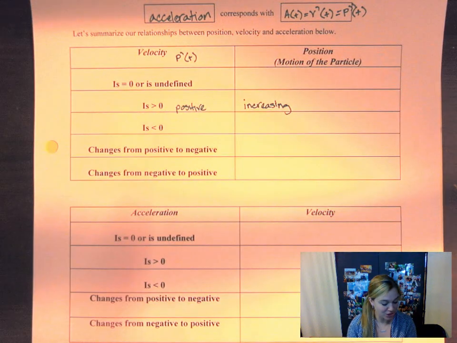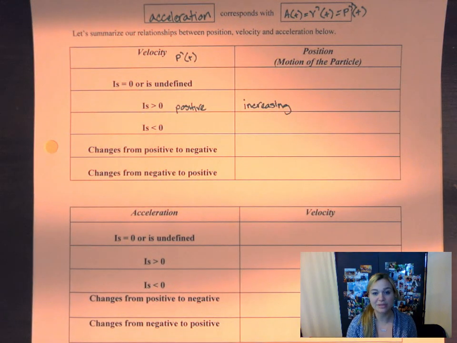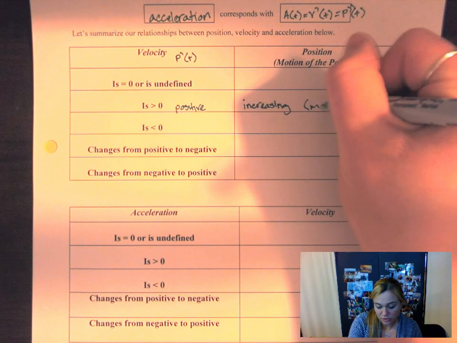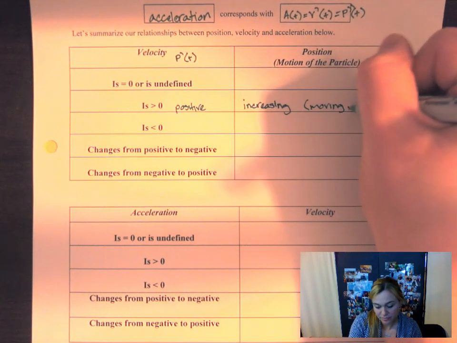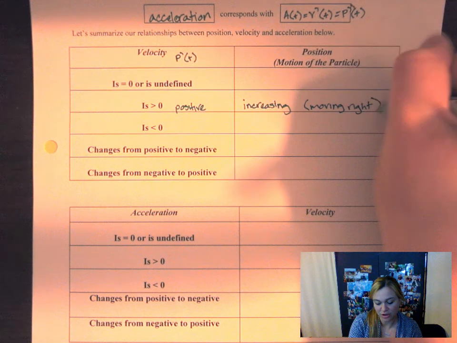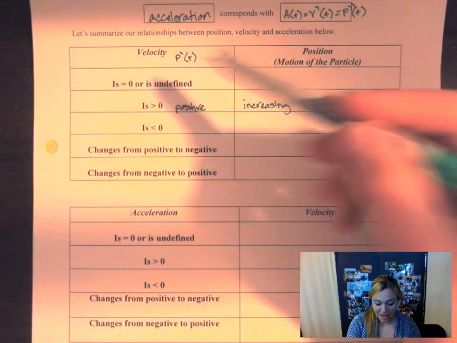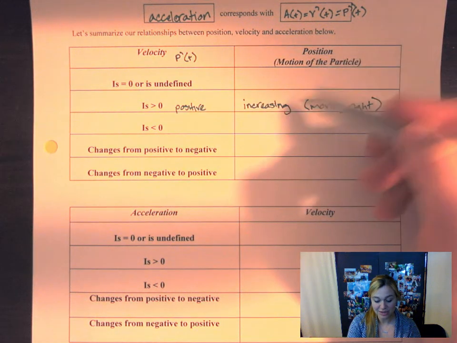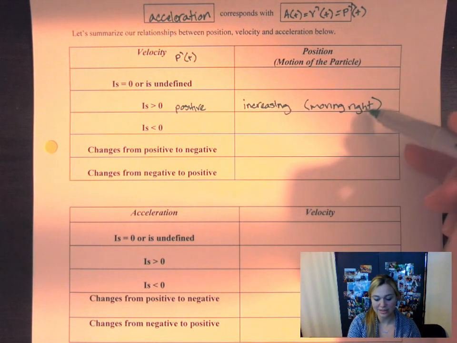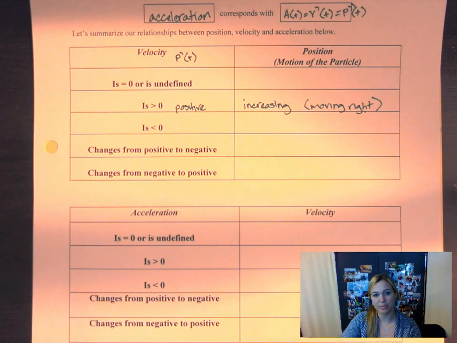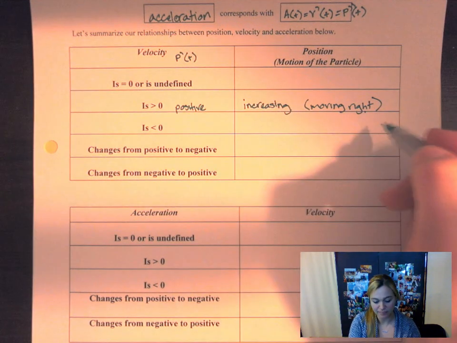Normally we say the function is increasing, or the position is increasing. Here, because these particles are very boring, I could say moving up or moving right. I'm just going to go to the right. If velocity is positive, the position is increasing, or moving to the right. Think about a number line. If you were increasing, you're going to the positive numbers, to the right.